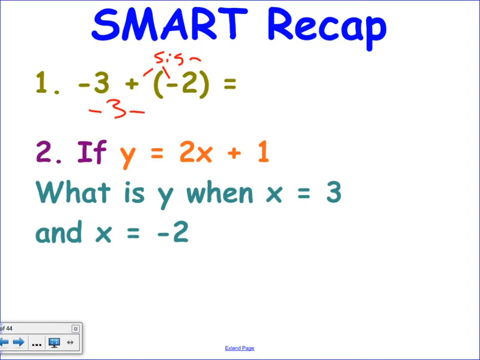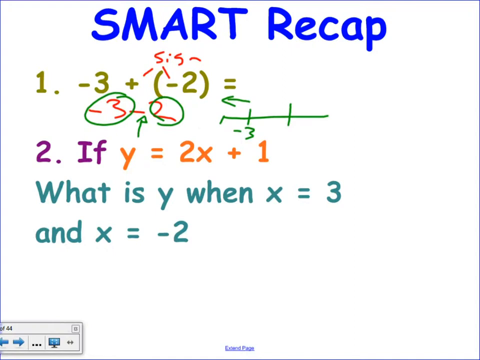So if I'm rewriting this question, it's actually saying I've got -3, and I need to take away another 2. So we've gone from this confusing picture to something we can now do on the number line. Remember how to do this on the number line? You start at -3, the minus sign says I'm going that direction, and this tells me how many.